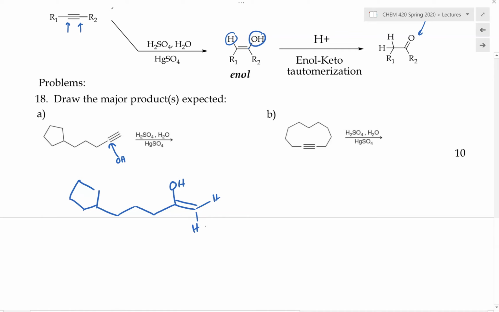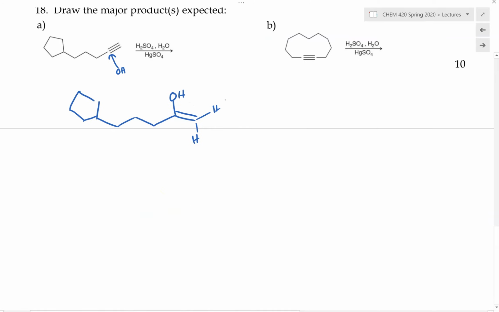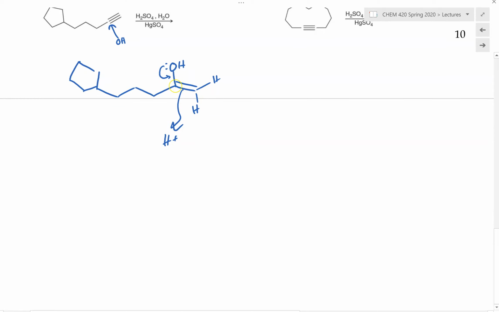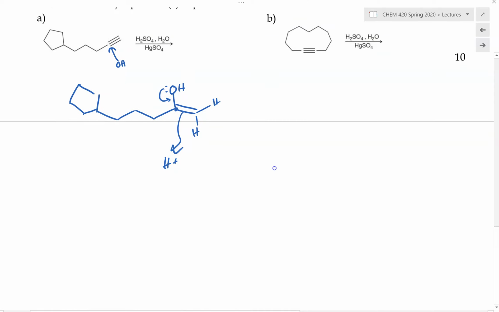This enol, and once we have produced this enol, it would then undergo tautomerization, and we still have sulfuric acid in this solution right here to catalyze this reaction. So this is why we don't have to add extra acid to make sure it can undergo tautomerization. And now let's pick up the proton from the acid, and so in the end, this carbon right here, the more substituted carbon, would become the carbonyl.